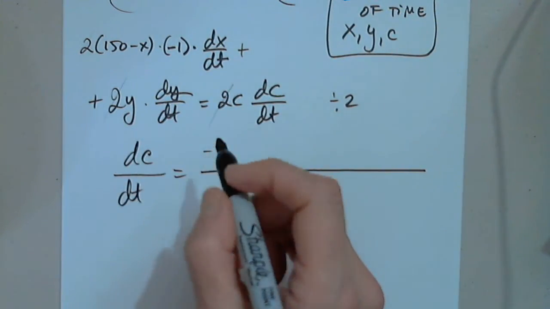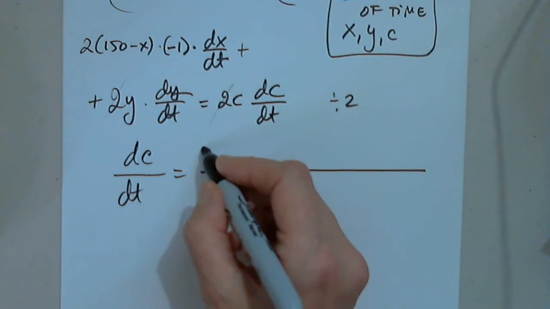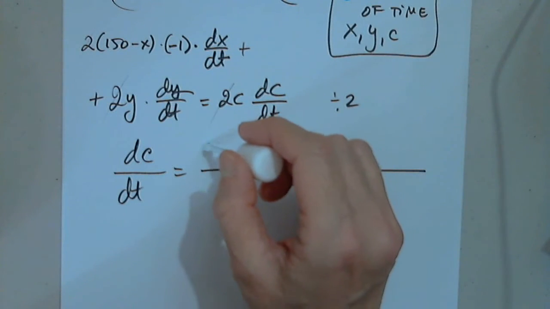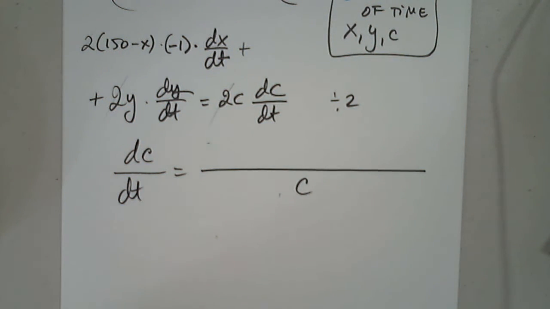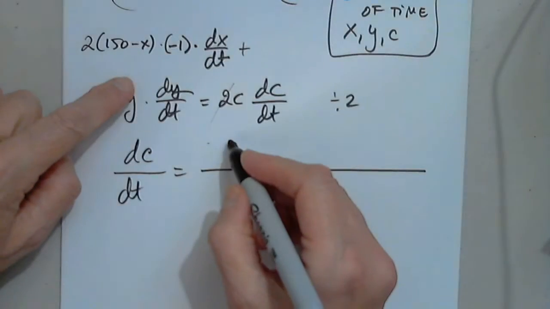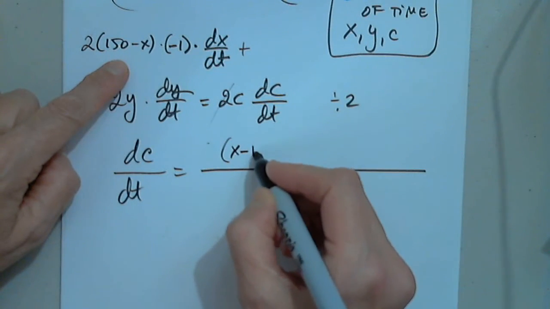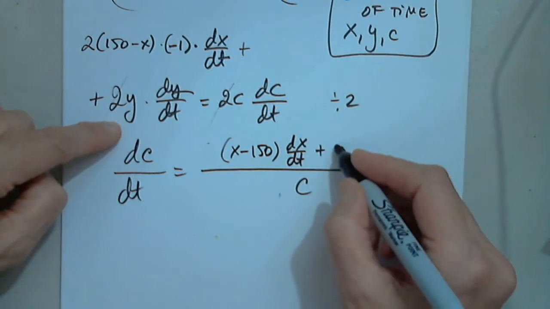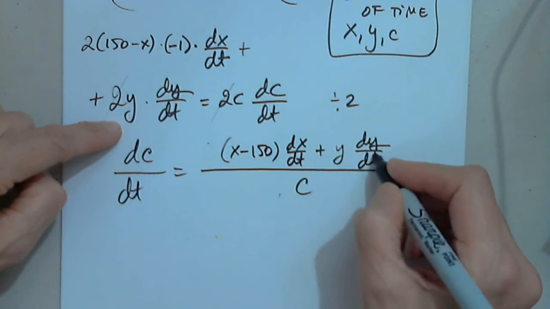So I can distribute here, negative 1. So I have x minus 150 dx over dt plus y dy over dt.